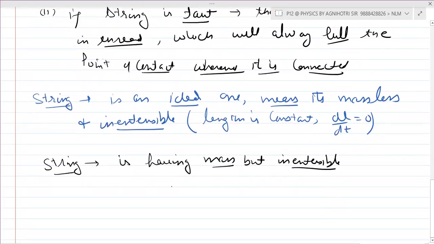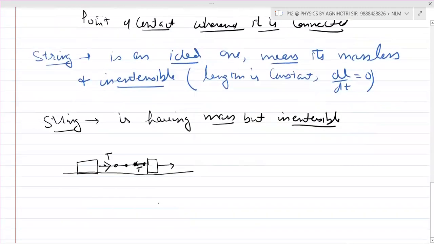So what will be there? Now let me tell you, what do I mean? This is there. So you pulled up. So what is the best part of this question? The point, wherever you mark any point, at any point, you will have the same value of the tension throughout the string if it is an ideal one.